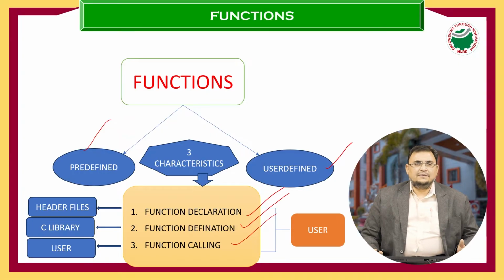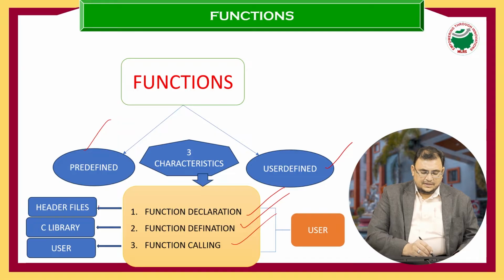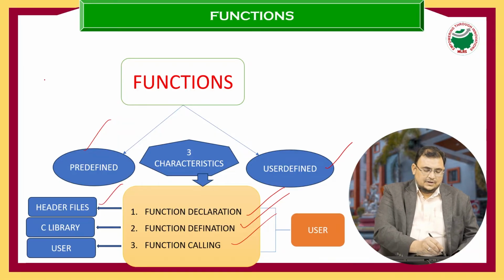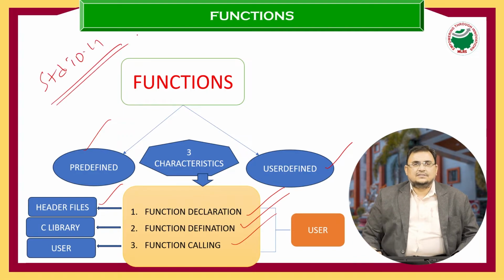So how are predefined functions different from user defined functions? For predefined functions, the declarations are available in header files, for example stdio.h. It is a header file which consists of the declarations of printf and scanf, predefined functions.